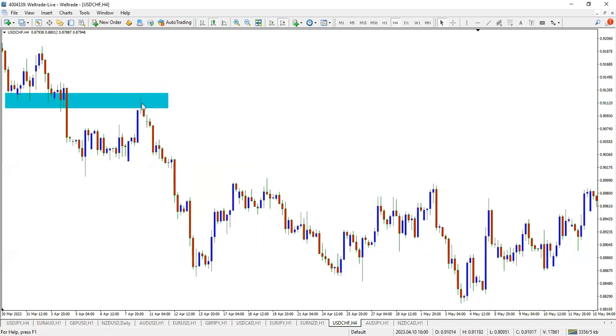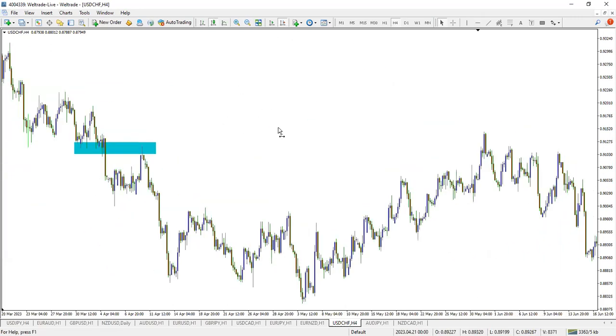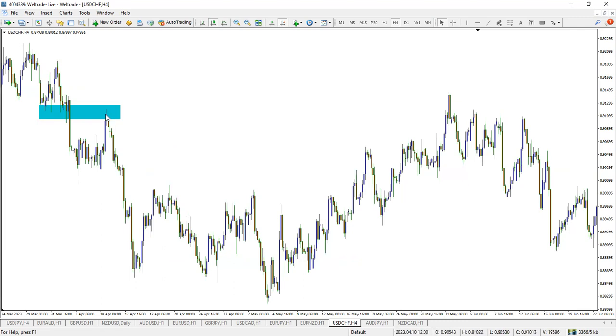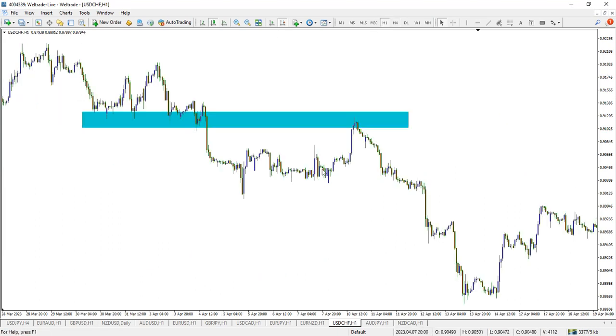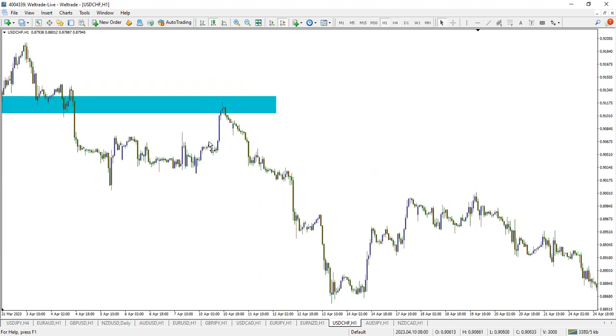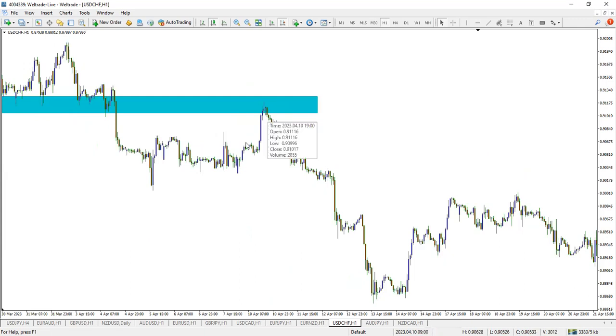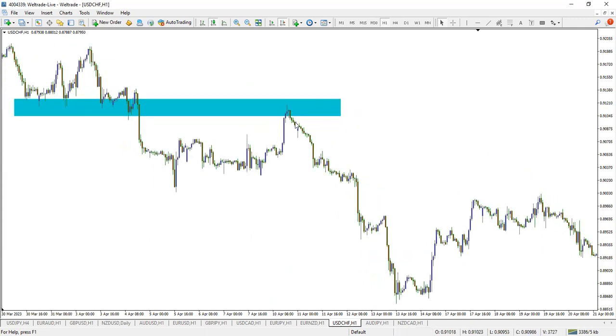This is a rejection candlestick, very good pin bar on the H4. But on the smaller time frames, you should see something even better than this. So let's go on the H1 and see what we have here. On the H1, you can see we have a lot of rejection candlesticks, which look very clean also.